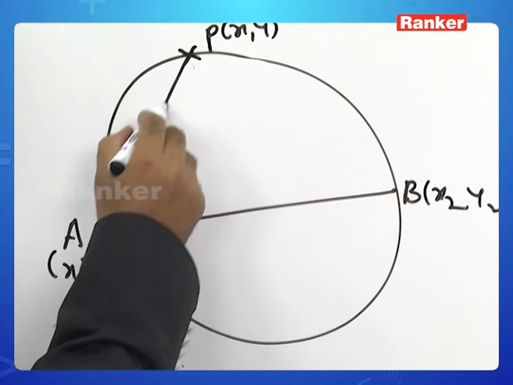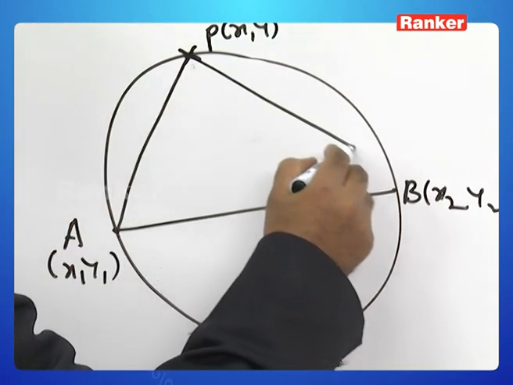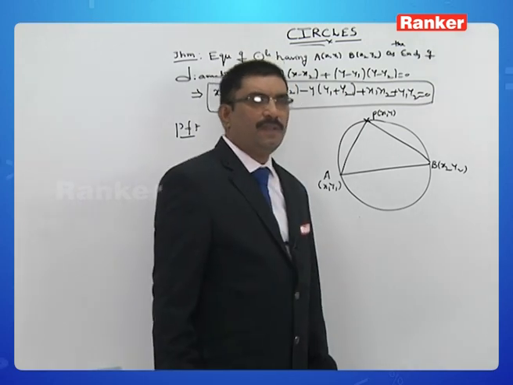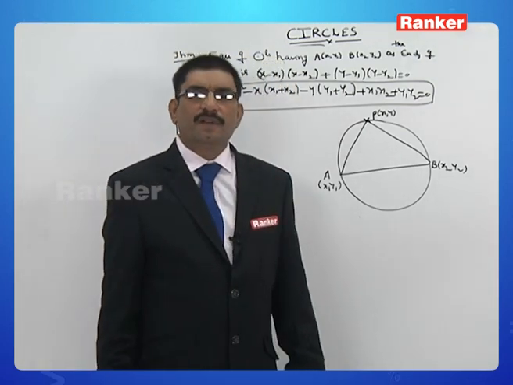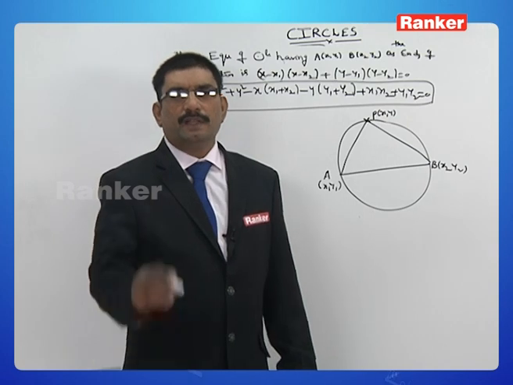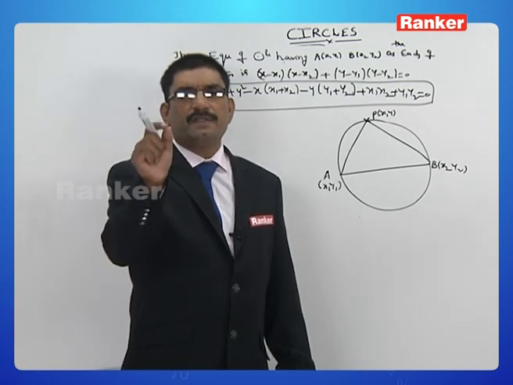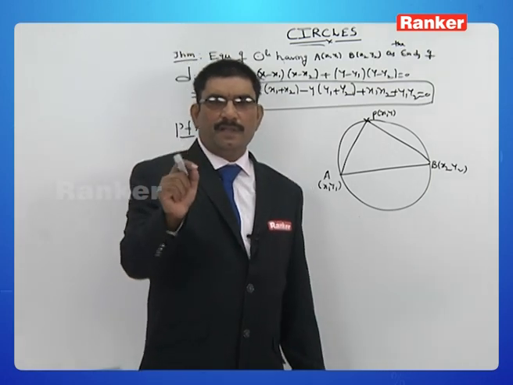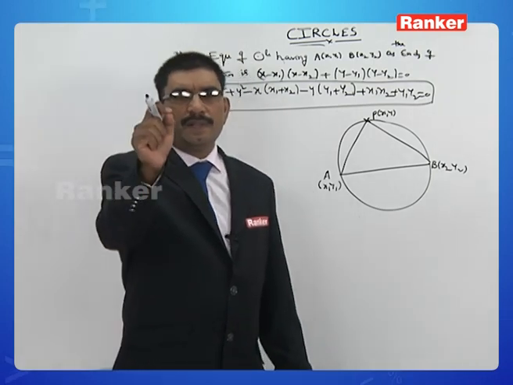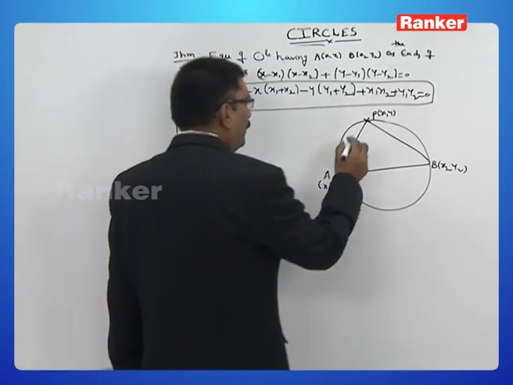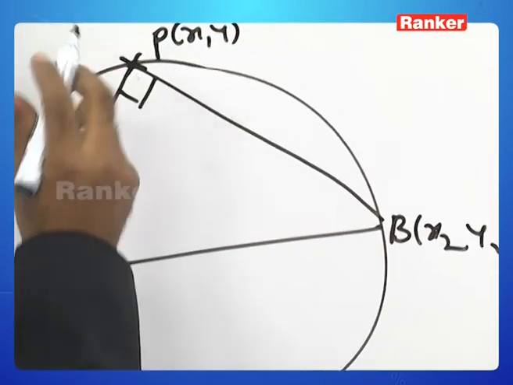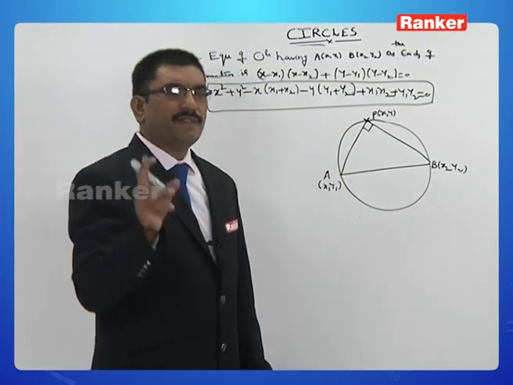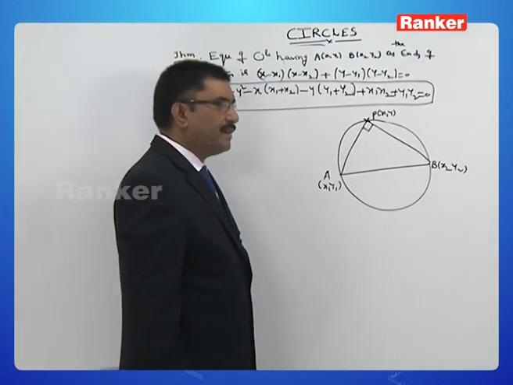One of the important properties we came across already in the lower classes: the angle in a semicircle is always 90 degrees. So this is nothing but a semicircle, and the angle at this point is a right angle, or 90 degrees.